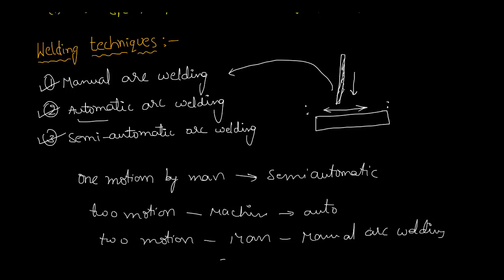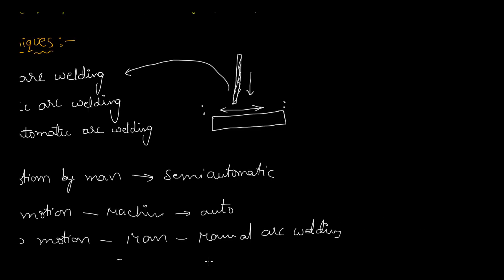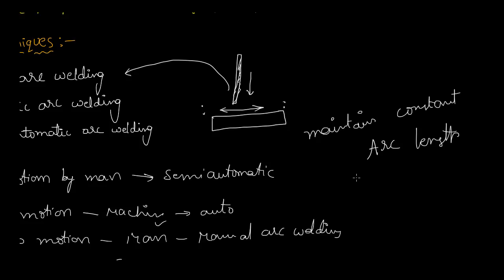But the key point in these three welding techniques is to maintain a constant arc length. Whether you do it with a man or with a machine, you have to maintain constant arc length. Why? Because if I change the arc length, the welding parameters will change.